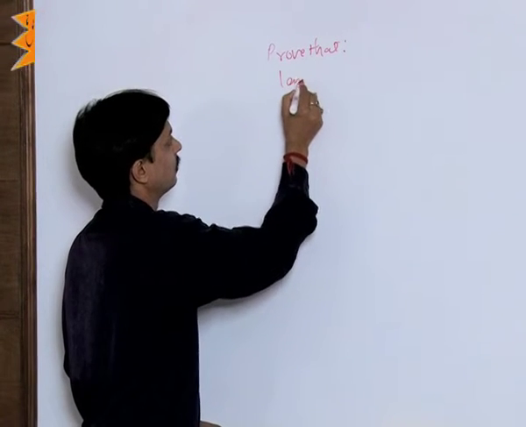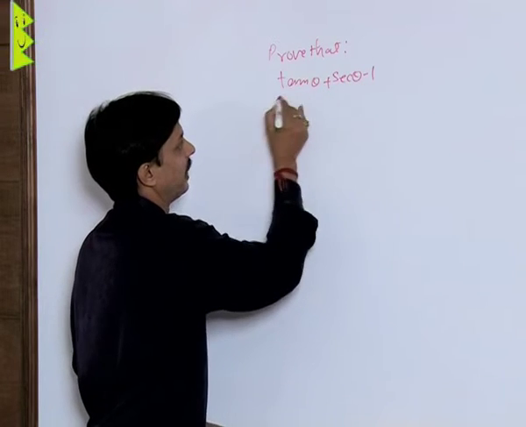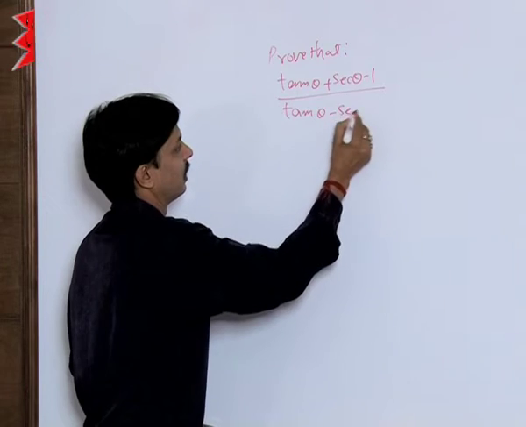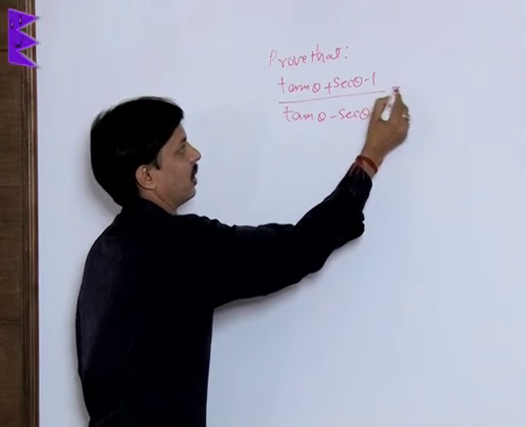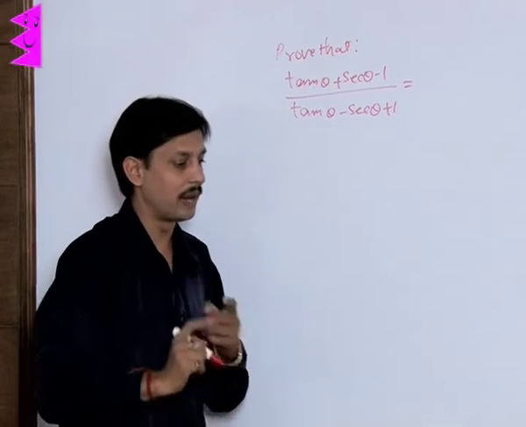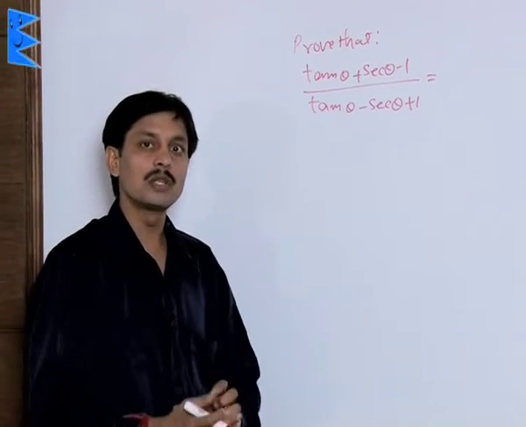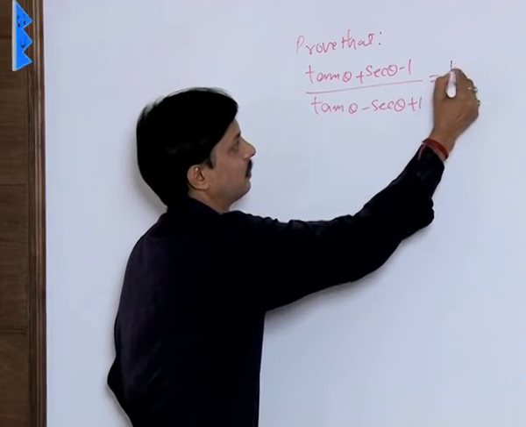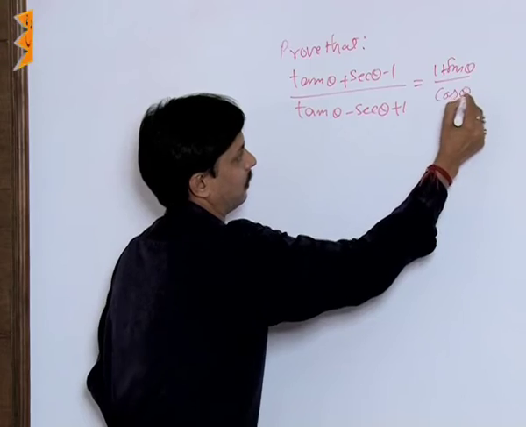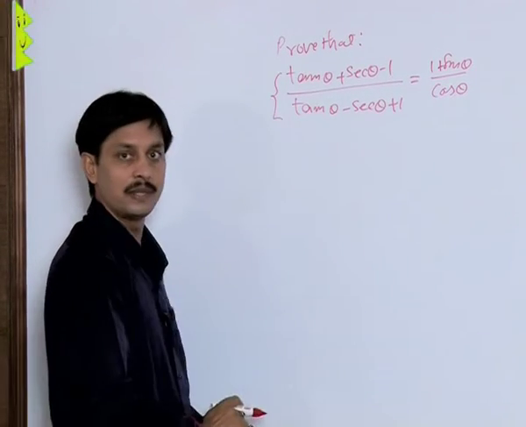Prove that tan theta plus sec theta minus 1 upon tan theta minus sec theta plus 1 is equal to 1 plus sin theta divided by cos theta. This is the left hand side. Here, to prove this, we will take the left hand side.